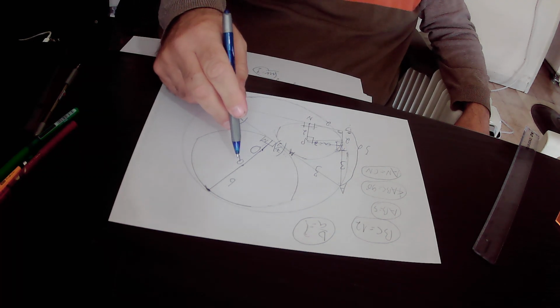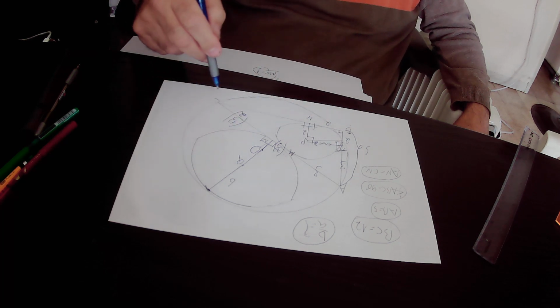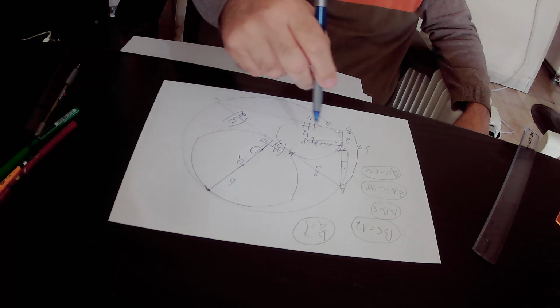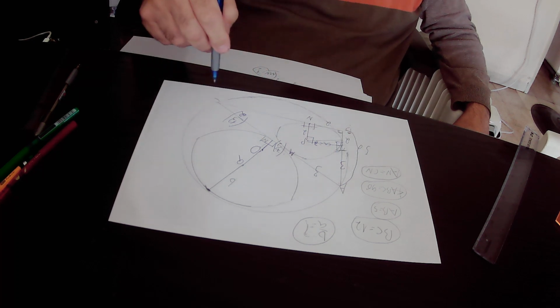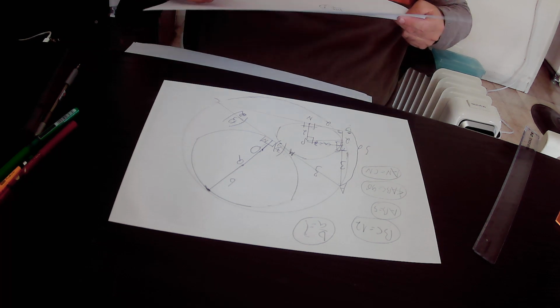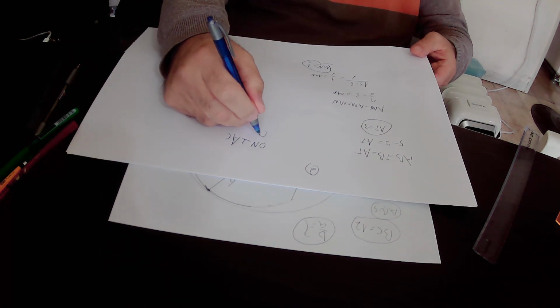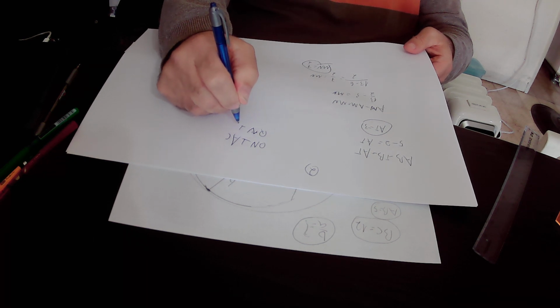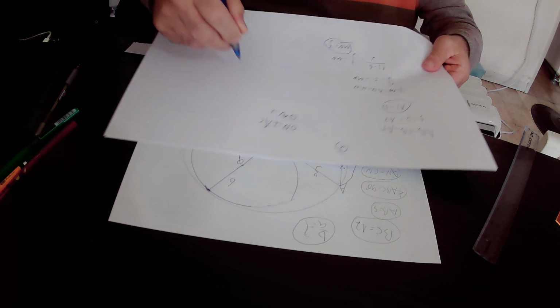According to rule number 1, QN is also perpendicular to AC because the radius QN is drawn to point N, that is the point of tangency, therefore tangent AC will be perpendicular to QN. So we can write down that QN is also perpendicular to AC.